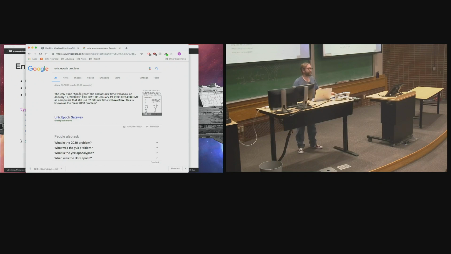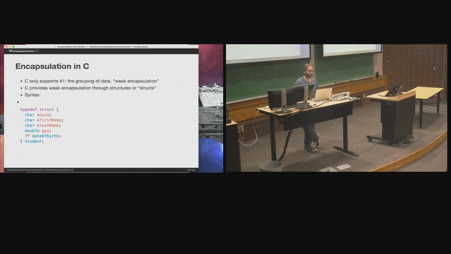And so we continue to make this mistake over and over again, thinking that, oh, well, in 70 years we won't have to worry about this. People will have all upgraded to 64-bit systems. Most systems are upgraded to 64-bit systems. There are plenty of systems out there that I'm sure are not. So we continue to repeat the same problems over and over again. Let's not repeat that problem, right?